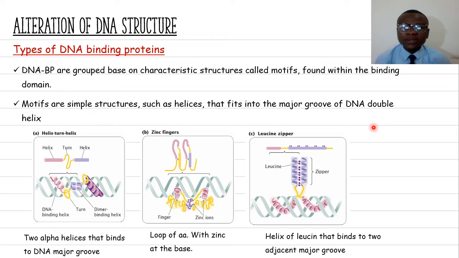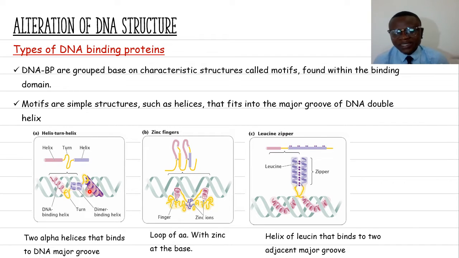So these are some few examples. There are a lot of them. The first one here, we have the helix-turn-helix motif, which is actually two alpha helices that bind to the DNA major groove. The next one, we have the zinc finger motif, which has a loop of amino acids and zinc at the base.